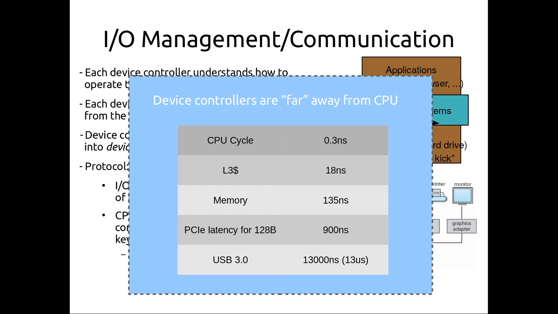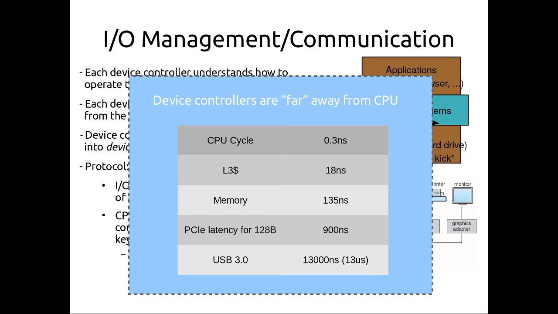PCIe, PCI Express, is a protocol for this network that connects the CPU to one of the devices. You might know about PCI cards that you plug into your motherboard. That's effectively what these are. And if we want to transfer 128 bytes of data using PCIe, an extremely fast technology, which is effectively a double word, that takes about 900 nanoseconds.